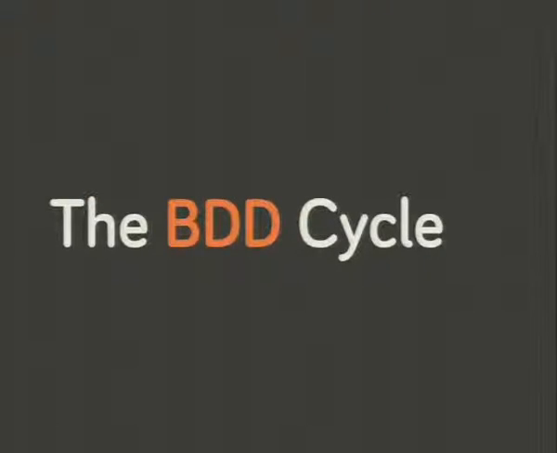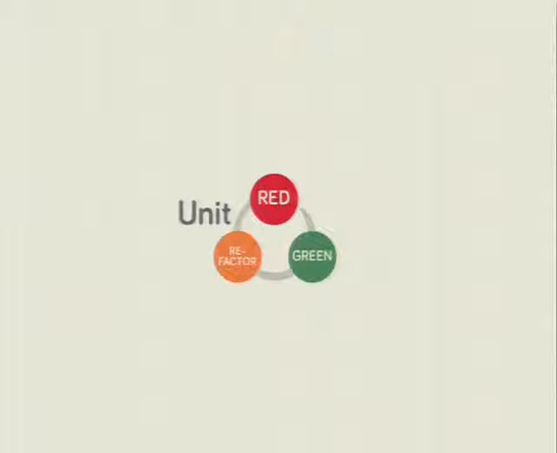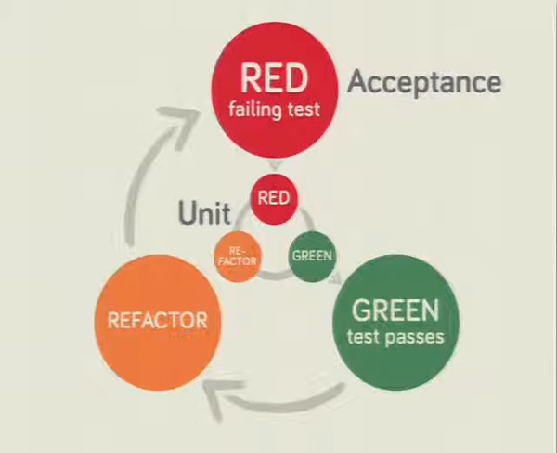So like test-driven development, BDD has a development cycle associated with it. We have the unit cycle as in TDD, but framing that, we also have a cycle of acceptance testing. The process here is much the same, except that we start with a failing acceptance test. The idea here is that we're testing an entire scenario from start to end.